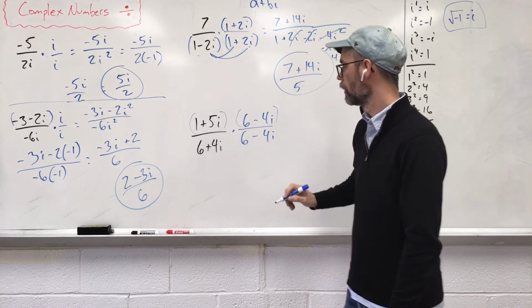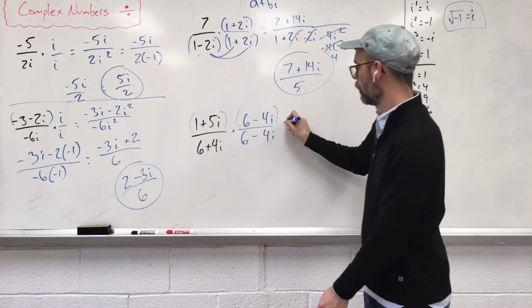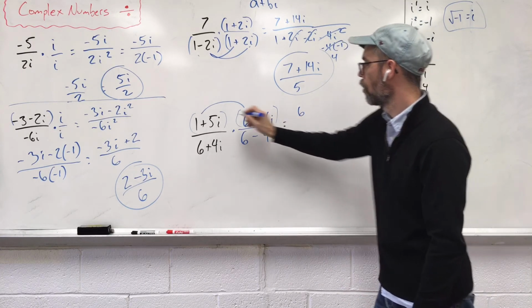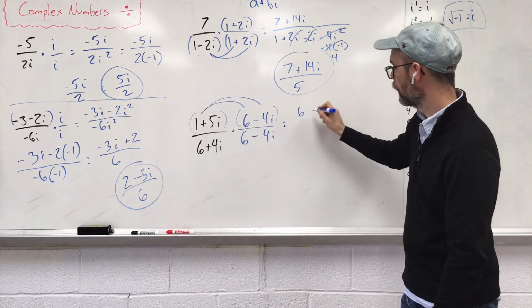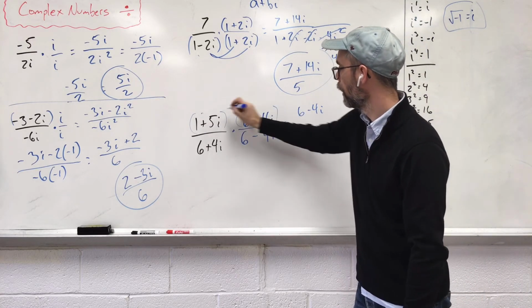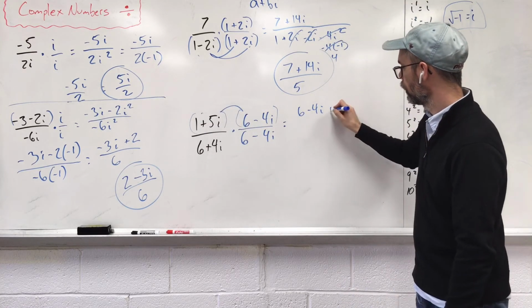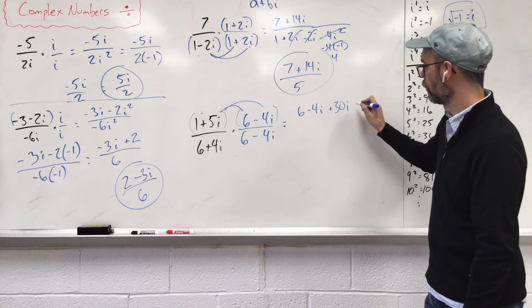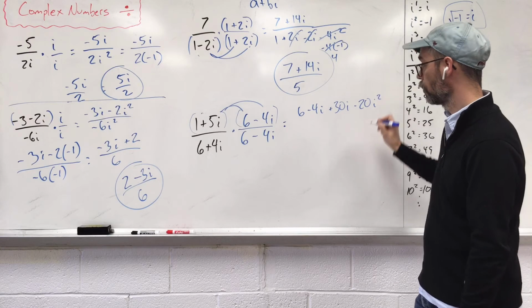Now, let's distribute. 1 and 6 gives us 6. 1 and negative 4i gives us negative 4i. Distribute the 5i, giving us 30i and negative 20i squared.